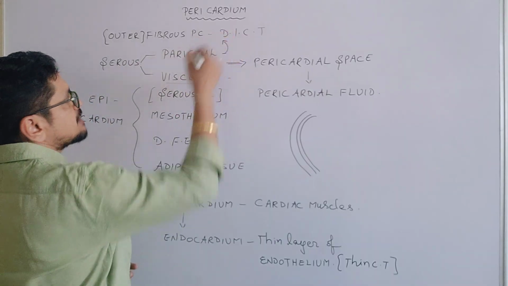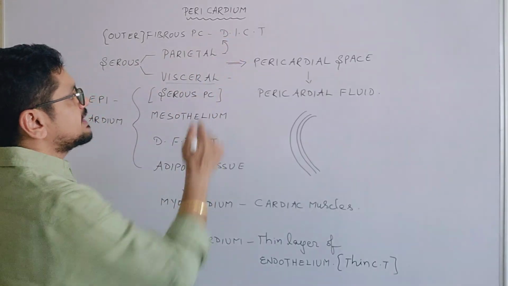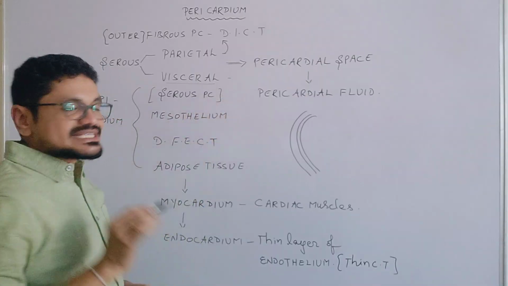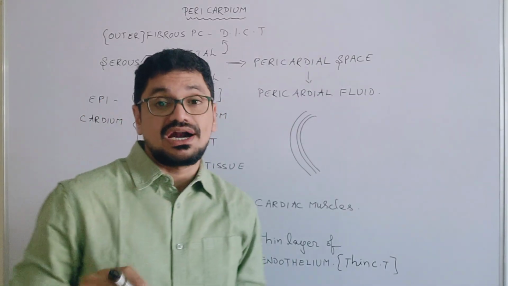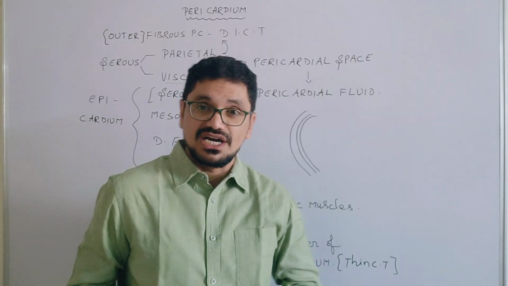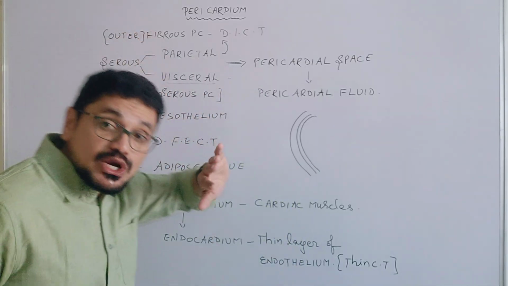Why? Because the parietal layer merges with the outer fibrous pericardium, and the visceral layer is exactly present over the surface of the heart. If you observe the wall of the heart, these are the layers which surround the heart.